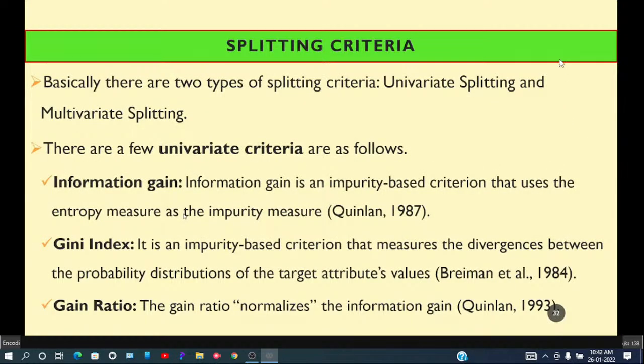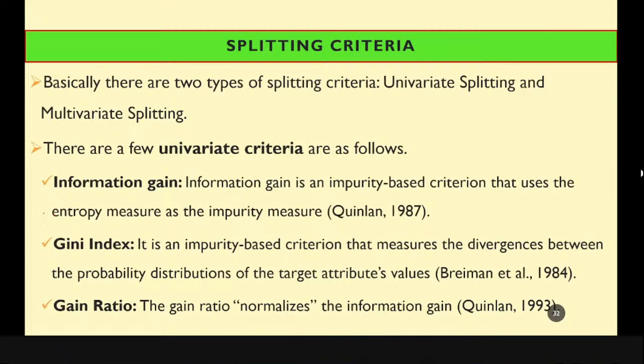Now, splitting criteria. If some of you have applied decision tree in your research work, you will be aware that sklearn in general contains these two criteria, Gini and entropy.